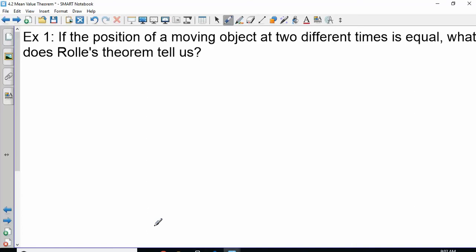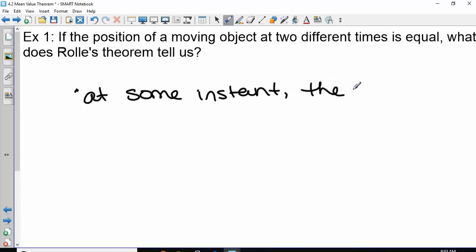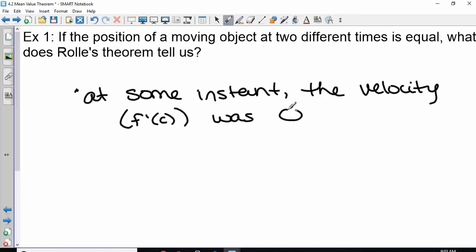It stops moving. Okay, it had to have stopped moving at some point. So, at some instant, the velocity, which is the same as the derivative, was 0. It had to change direction at some point.